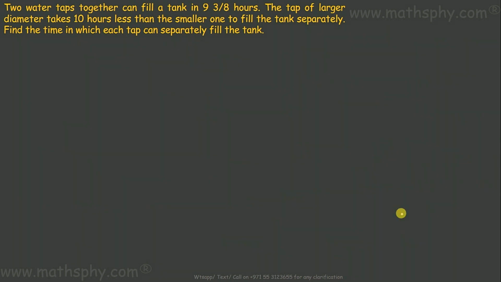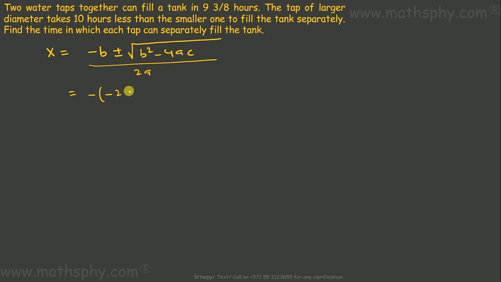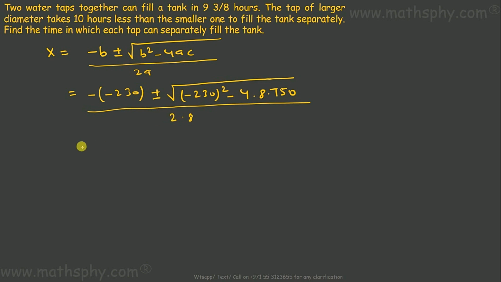So x would be minus B plus minus root of B square minus 4AC over 2A. Here B is negative 230, so negative 230 plus minus root of negative 230 whole square minus 4AC, 4 into 8 into 750, over 2A means 2 into 8.